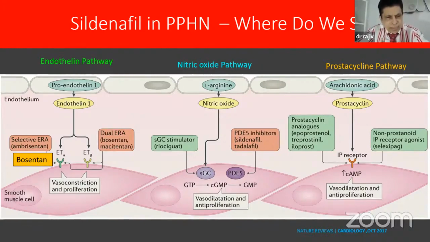All these 3 control the pulmonary vascular tone in a very intimate fashion. It is not like A plus B is equal to C. I was fortunate to study the second part, that is the nitric oxide and the sildenafil pathway through cGMP, I think for the last 20 years.